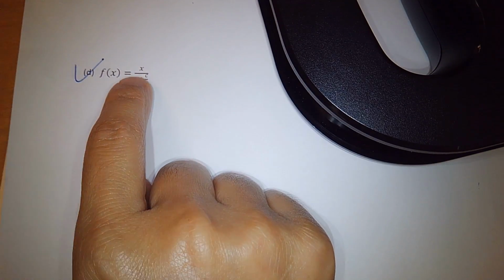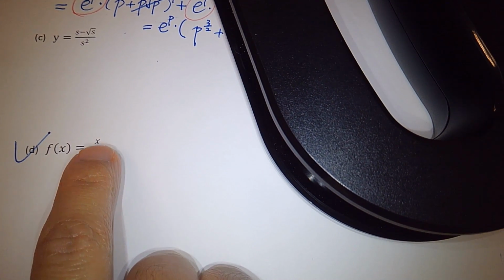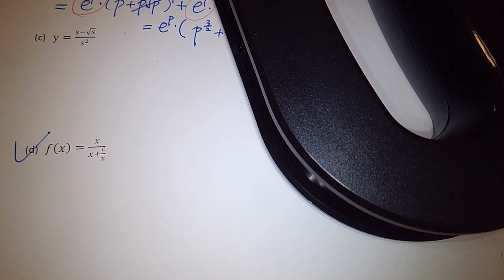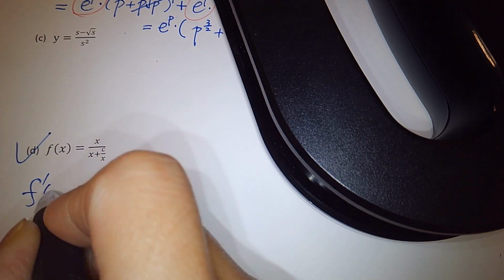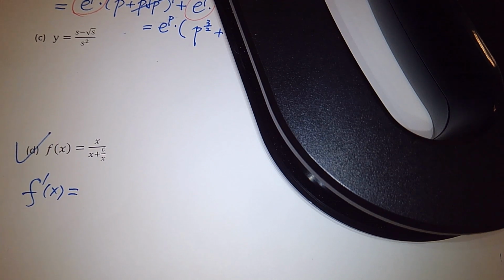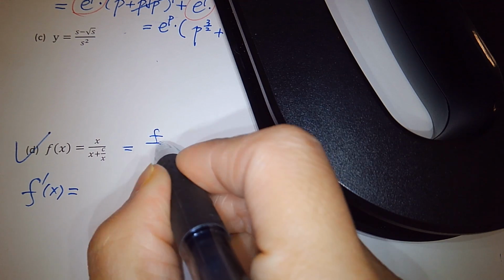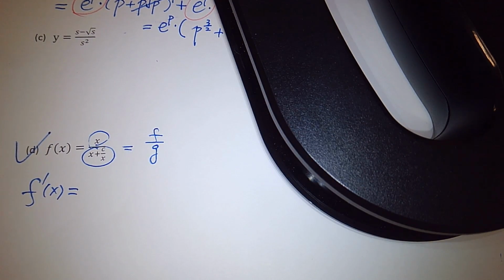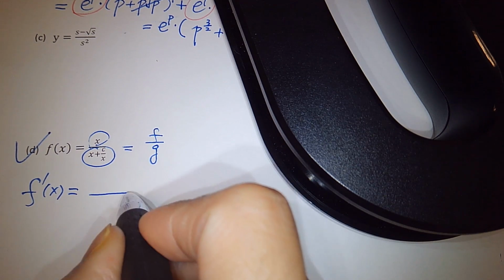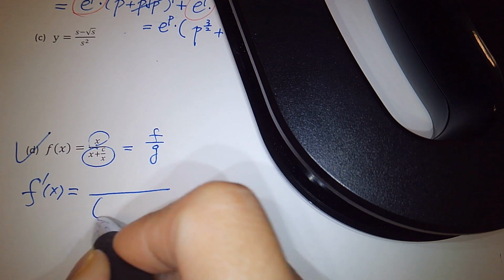Differentiate this function f, if f is defined by x over x plus c over x. What is c? It's just a constant. So f prime of x equals, do you still remember the quotient rule? This is f, this is g. By using the quotient rule, on the bottom we should have g squared, right?